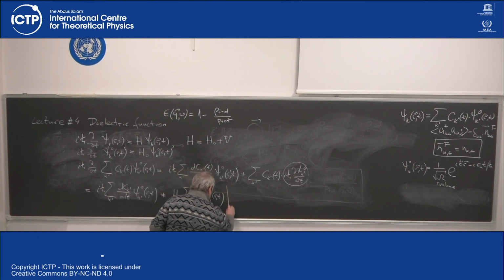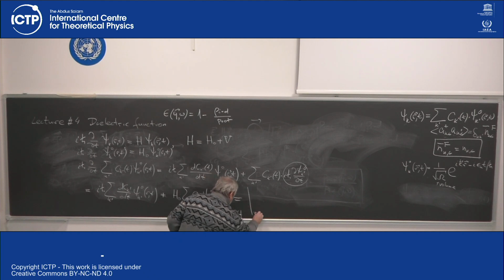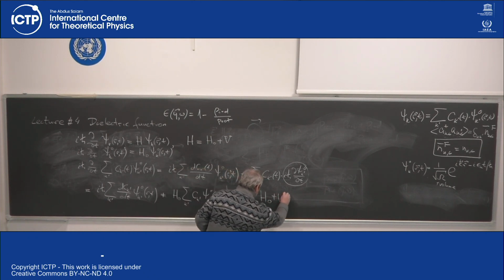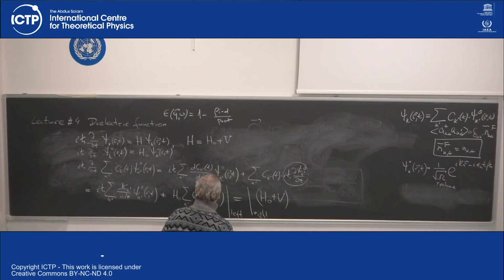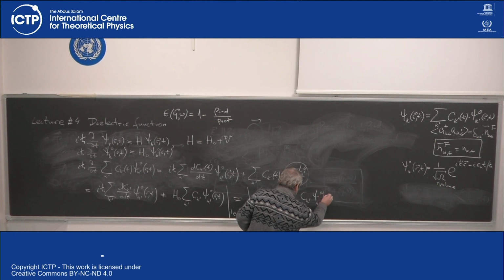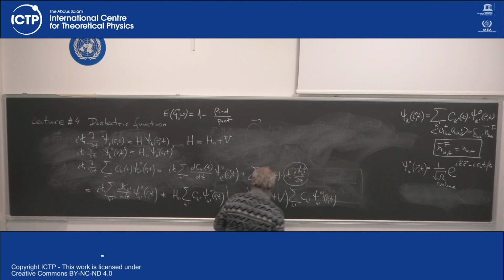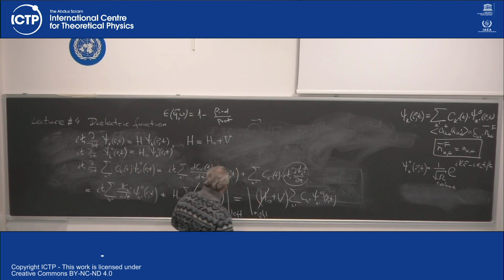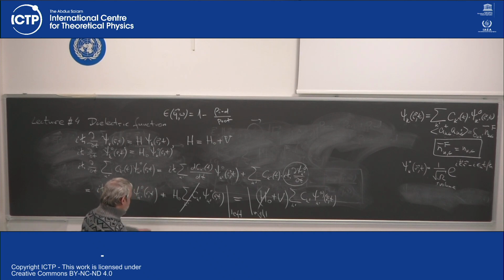Now I write what is on the right-hand side. This is H_0 plus V times the sum over k prime of c_k' psi_k'^0(r,t). So you see that I have a term with H_0 which cancels out. The same term exists in the left-hand side and in the right-hand side.